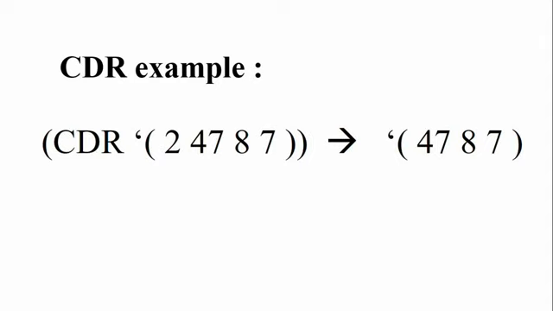CDR function usage in list. The CDR function will return a list except the first atom of the given list. For example, if you give CDR to 47, 8, 7, it will return everything except the first atom, as 8, 7 in a list.